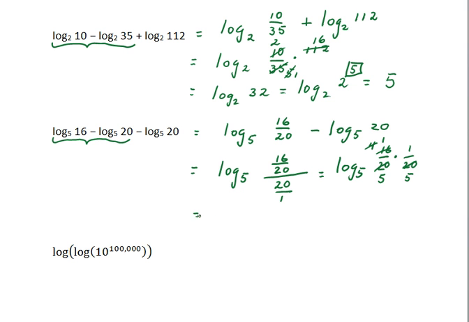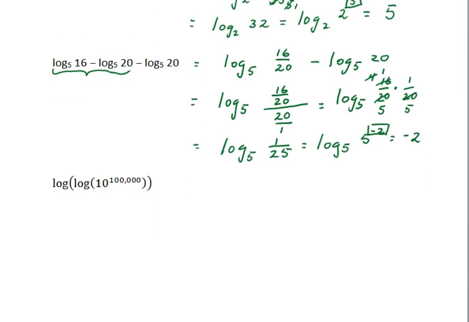So we're getting log base 5 of 1 over 25, which is log base 5 of the reciprocal of 5 squared, which is 5 to the negative 2. And so the result is negative 2.